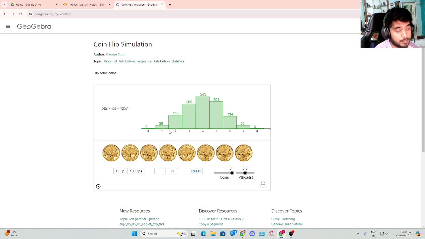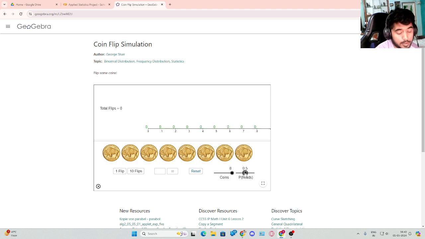So if you flip 8 coins so many times, like 1257 times, the 3, 4 and 5 will be coming most, because it is the actual theoretical mean, which is half of all of this. So let's see, by increasing the bias of the head, let's say we have a coin in which the theoretical probability of getting head is 0.8.